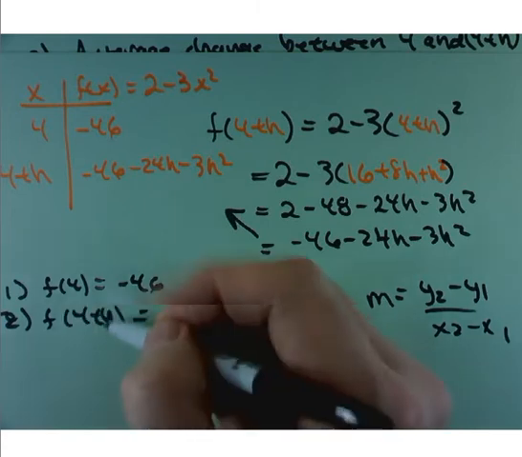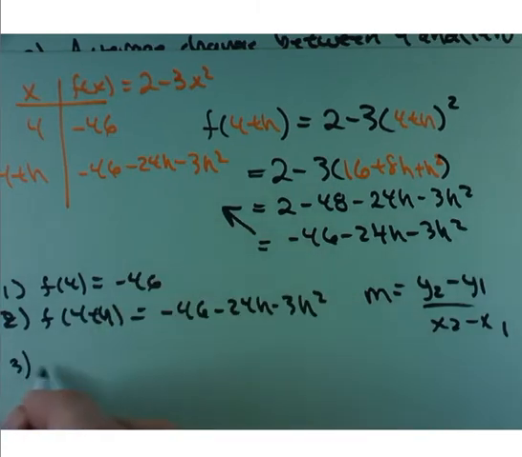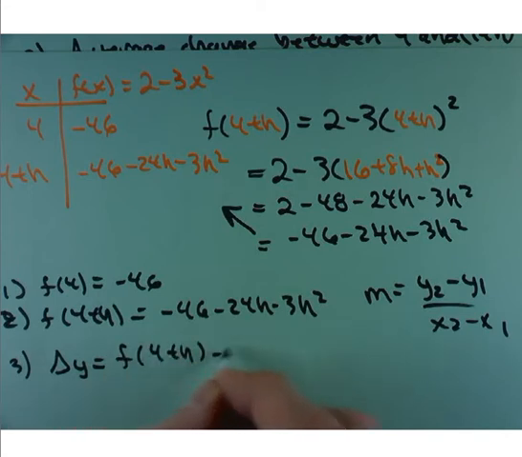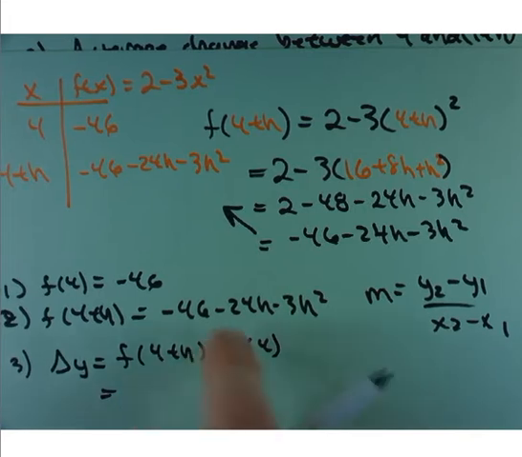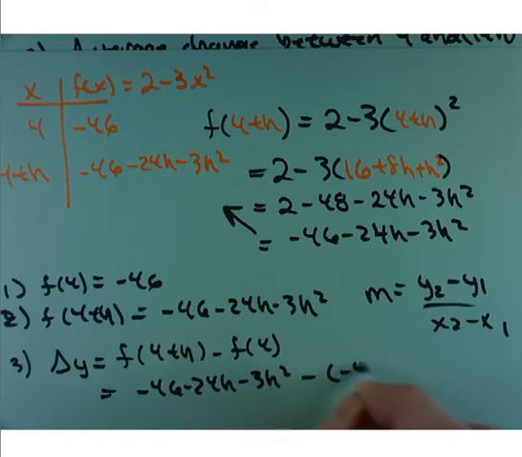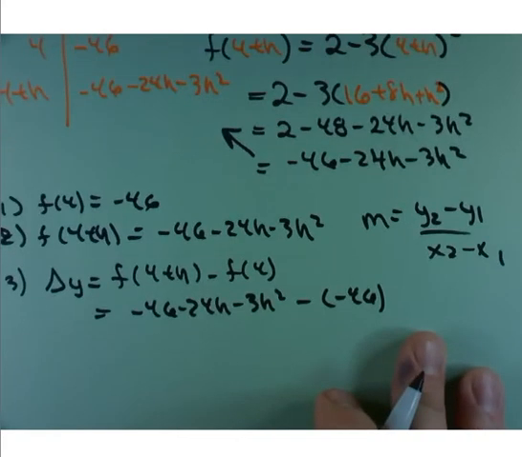It's going to be the difference here. So sometimes I call this delta y, f of 4 plus h minus f of 4. That's going to be this term here, negative 46 minus 24h minus 3h squared minus negative 46.